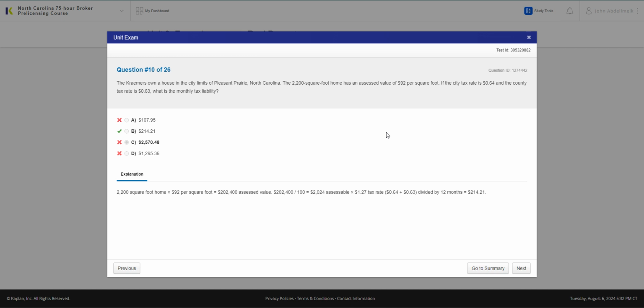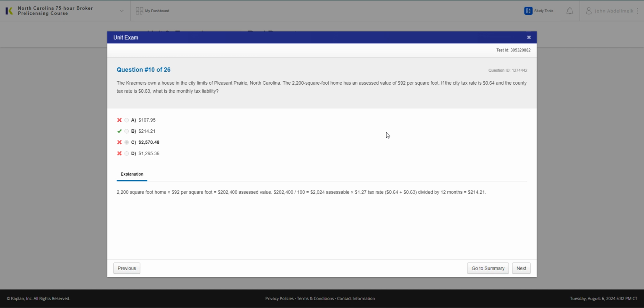So when you multiply that, 0.63 plus 0.64 equals 1.27 divided by 100 equals 0.0127. And then when you bring that down, times 0.0127, you multiply that, you get $2,570.48.